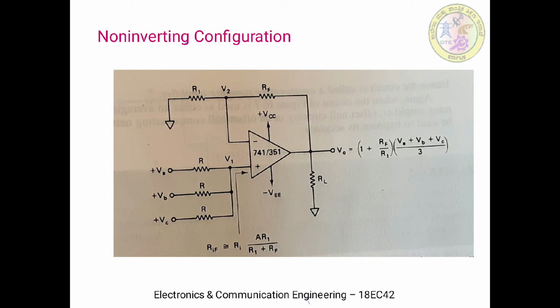As inputs are applied to the non-inverting terminal, we need to express V1 in terms of the applied input voltages. In order to verify the functioning of this circuit as an averaging and summing amplifier, this expression is required. To derive V1, the superposition theorem is used.